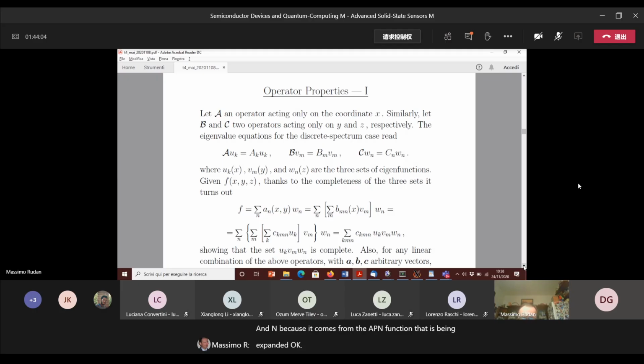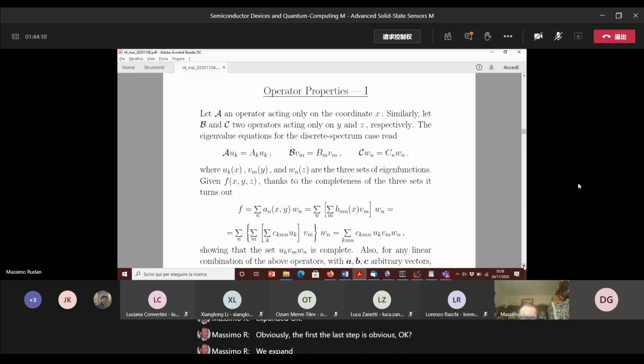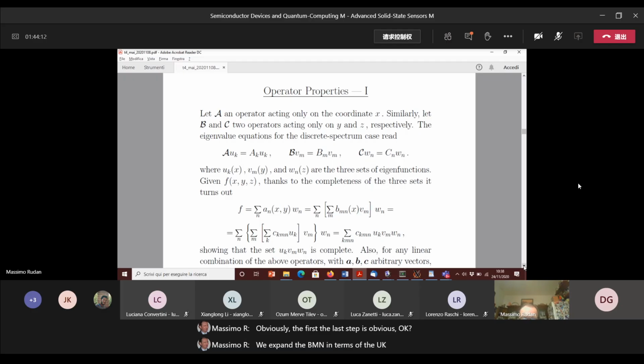Obviously, the last step is obvious. Okay. We expand b_mn in terms of the u_k functions. Okay, so we obtain coefficients that will be called c_kmn.